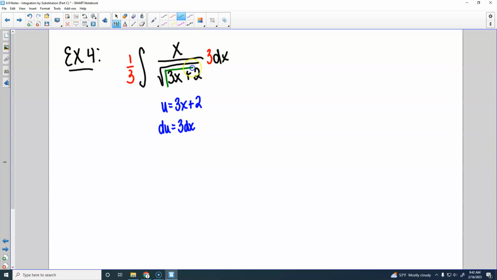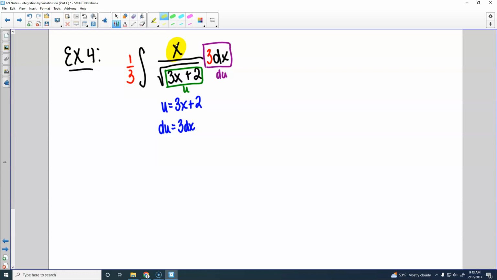But this part is our U. This part is our du, and right here sits our x that is not replaceable right now.